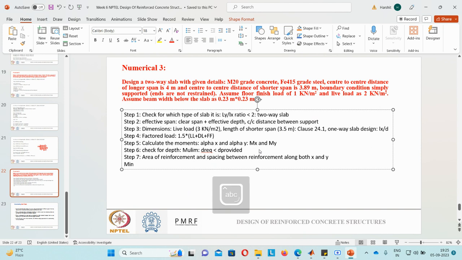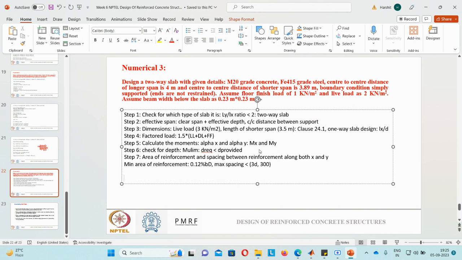Minimum area of reinforcement criteria, you need to check every time, and minimum and maximum spacing limits. What is the clause for minimum area of reinforcement? 0.12% of gross area, which is nothing but BD. And maximum spacing should be less than 3D or 300, whichever is less.